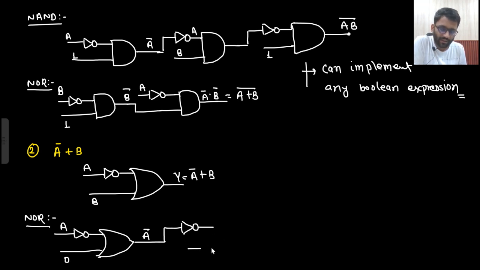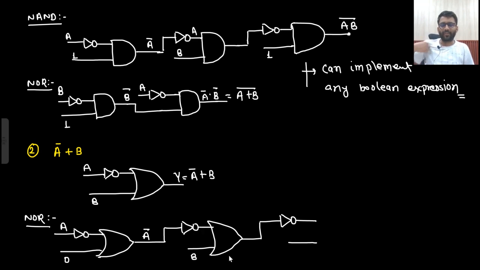So it will be A, and this will be B. So from here I am getting A plus B. Here it would be A plus B bar, and then I will put 0 here. I need A plus B bar. So here I am getting A plus B bar.